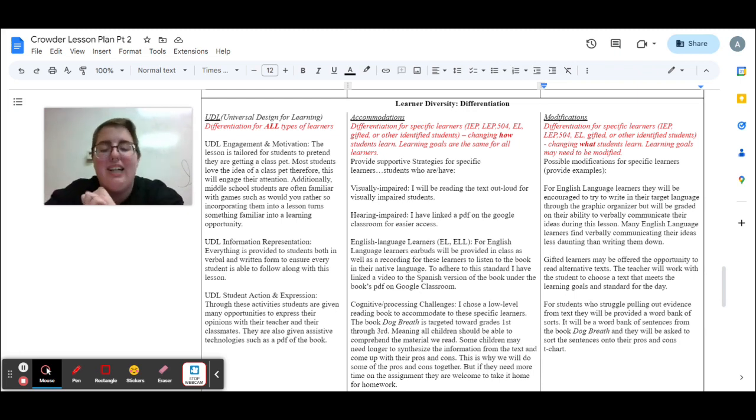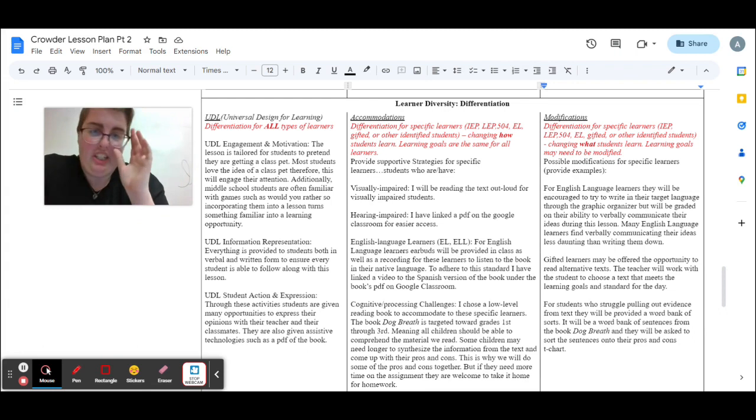For my cognitive processing challenges, this is why I chose a very low-level reading book. It's targeted toward grades first through third, so every student should be able to understand this book and synthesize the information given from the text.